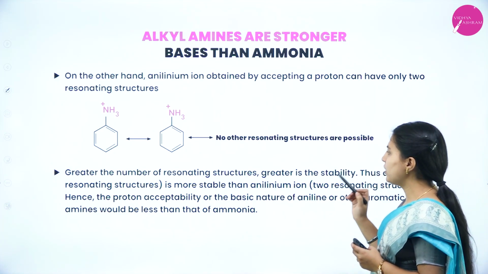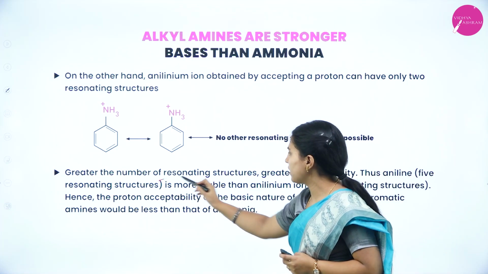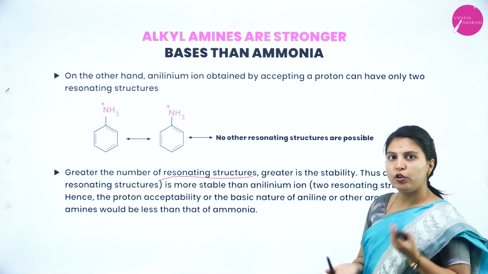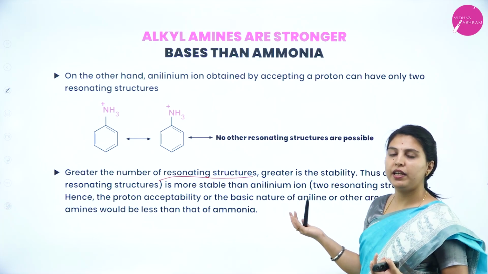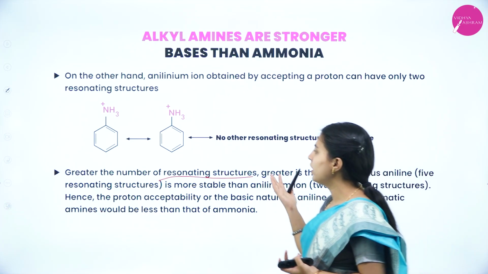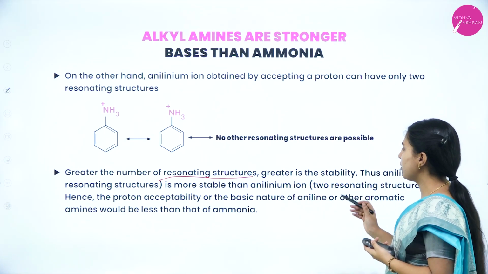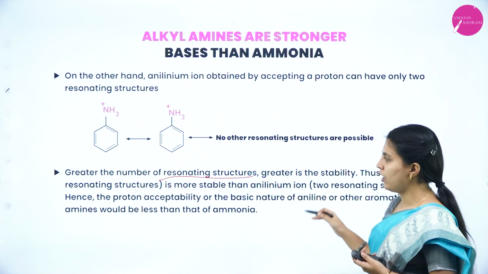Thus, aniline is more stable than anilinium ion. When there are more resonating structures, stability is more. Since the anilinium ion has only two resonating structures, aniline is more stable than the anilinium ion. And the basic nature of aniline or other aromatic amines would be less than that of ammonia.